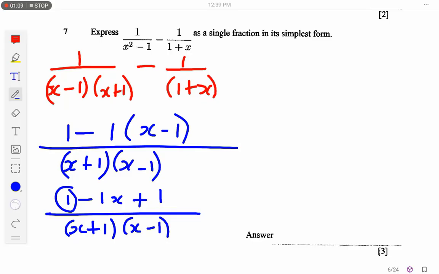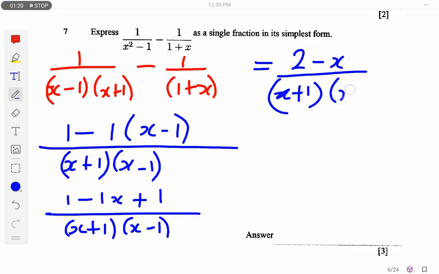So at the end of the day, this is equal to 2 minus x over (x plus 1)(x minus 1), like that. This is the final answer, the simplest form of our expression. So that's our final answer.